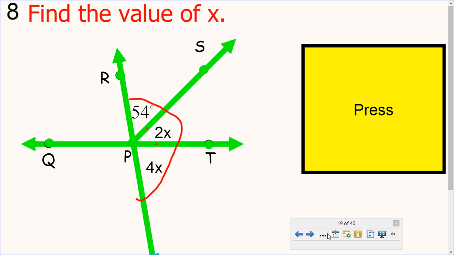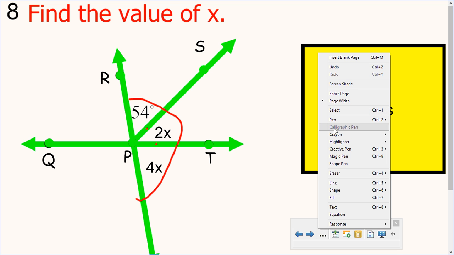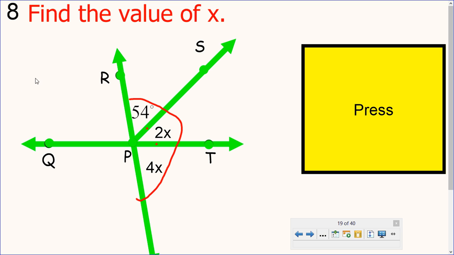So why don't I do a little bit of reverse cutting and get rid of the part that was cut. So I had 180 degrees, and I'm going to take away the 54 to see what's left for these two guys.